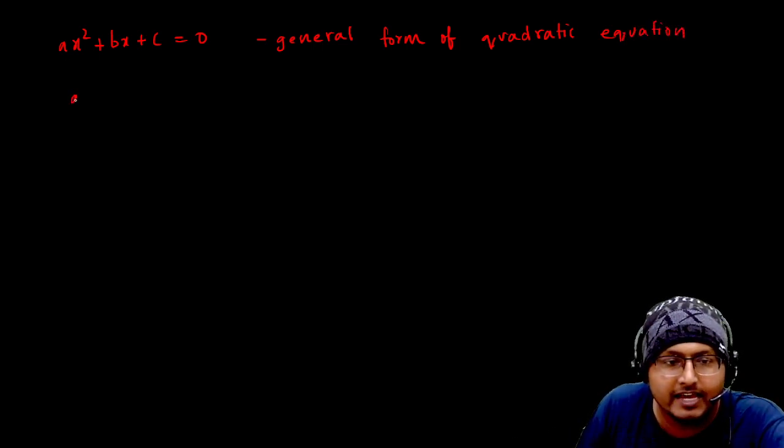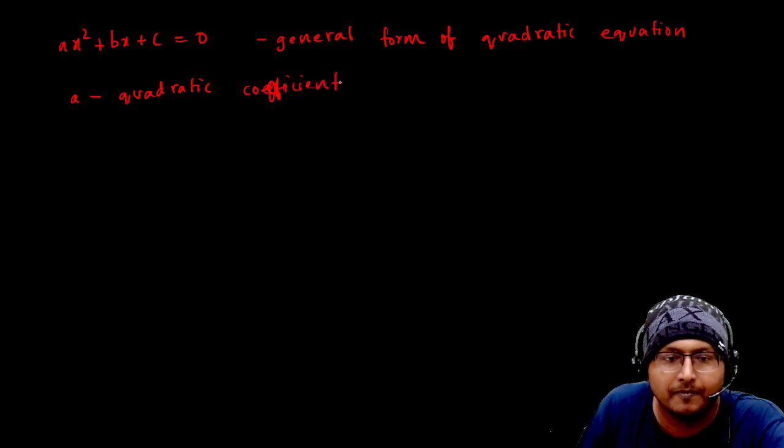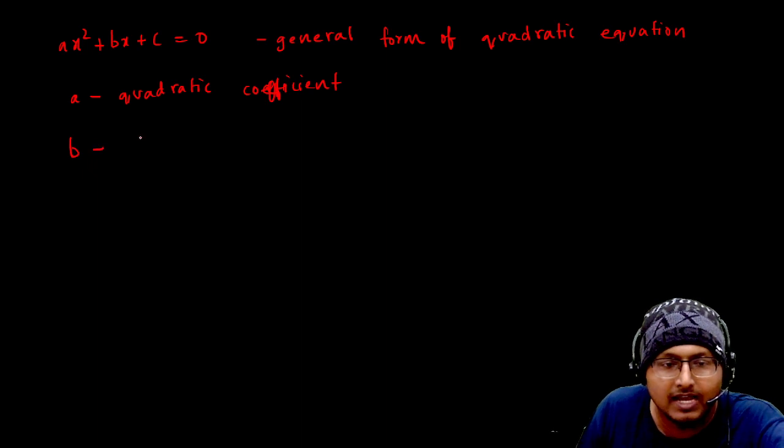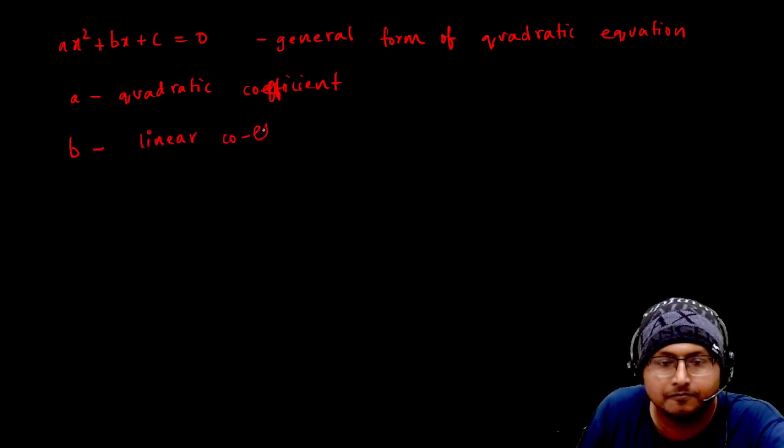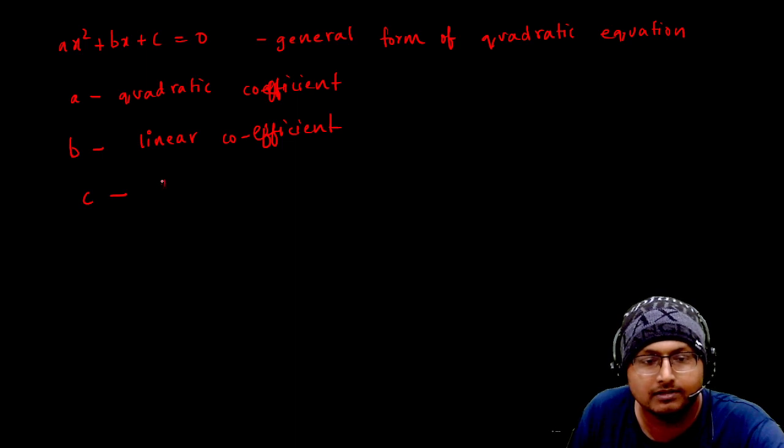In this, a is called the quadratic coefficient, and b is called the linear coefficient. Similarly, c is called, you tell me? Yeah, free term or constant.